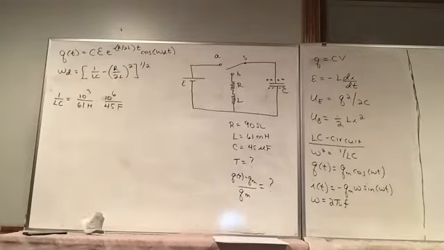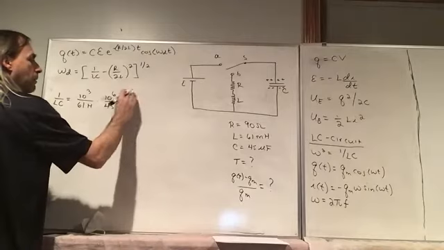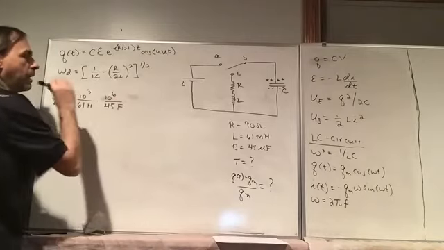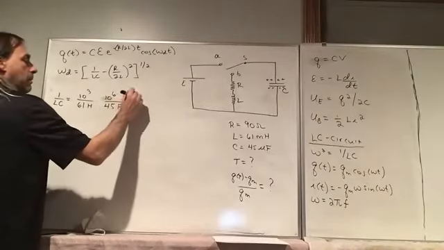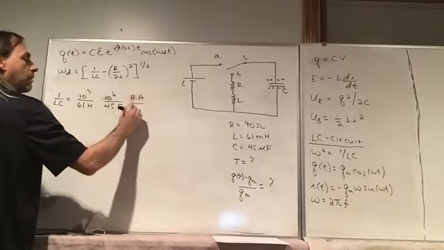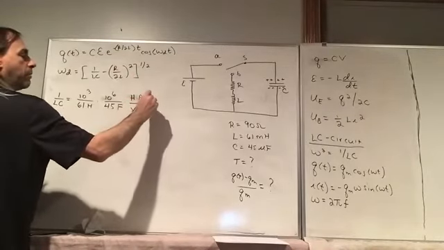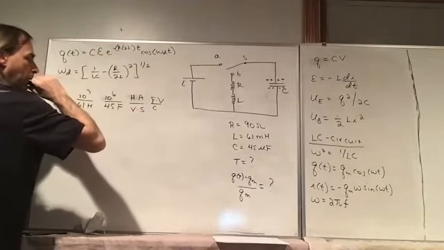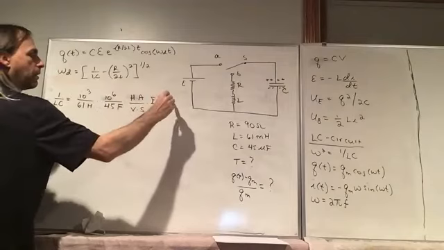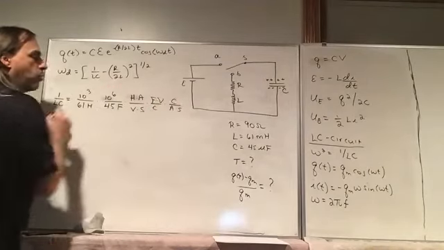And there were 3 conversion factors I remember. Let's start with Henry. Henry times an amp is a volt times a second. And a coulomb is equal to a farad times a volt. And an amp times a second is a coulomb.